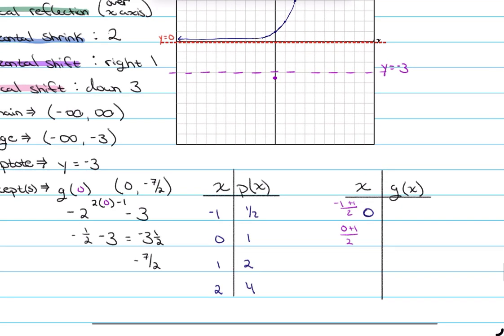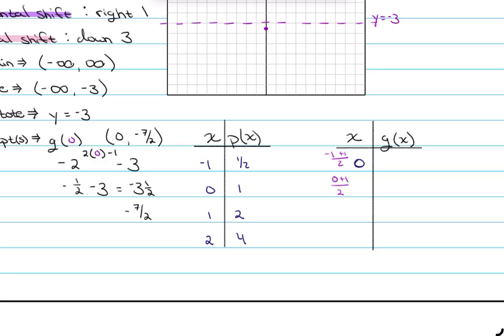So that means that we would be at 1/2. And then we would do 1 plus 1 divided by 2. That means that would be at 1. And then we would be at 2 plus 1 divided by 2. That is either going to be 3/2 or 1.5, whichever way you want to say it.